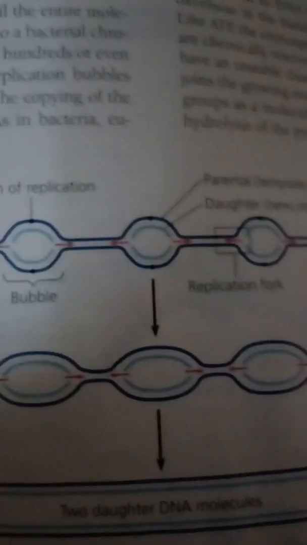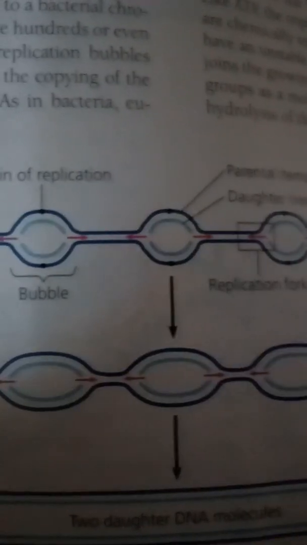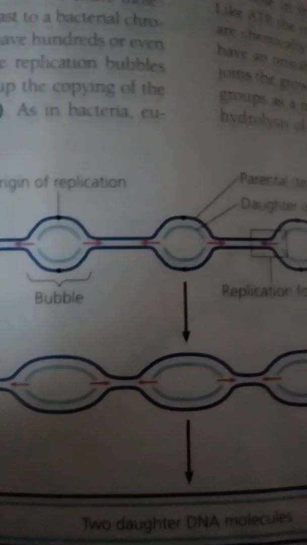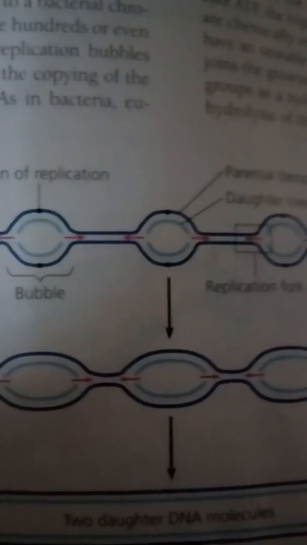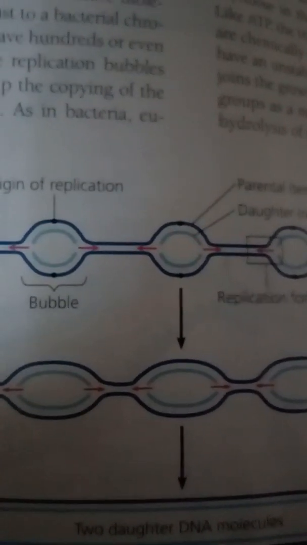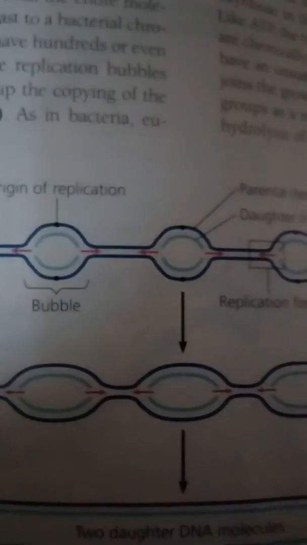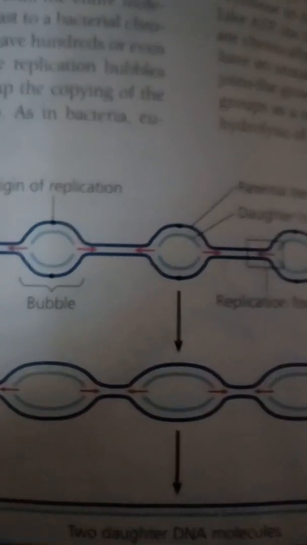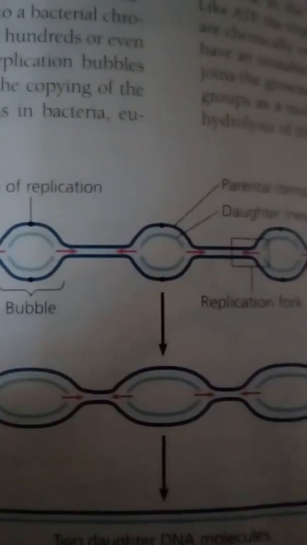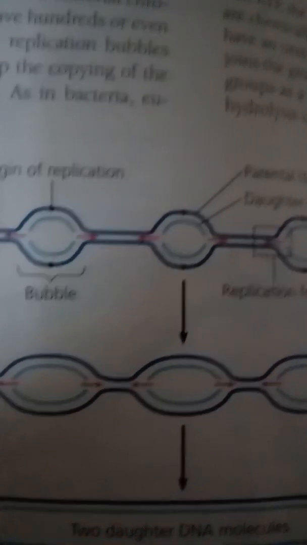Each nucleotide that is added to a growing DNA strand is actually a nucleoside triphosphate, which consists of a sugar, a base, and three phosphate groups. We have already encountered such a molecule, ATP, adenosine triphosphate.